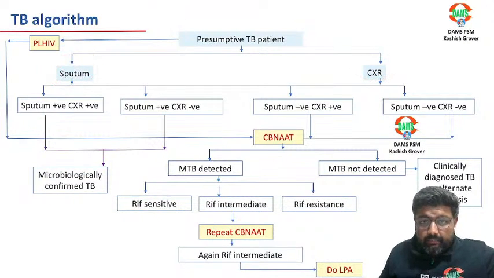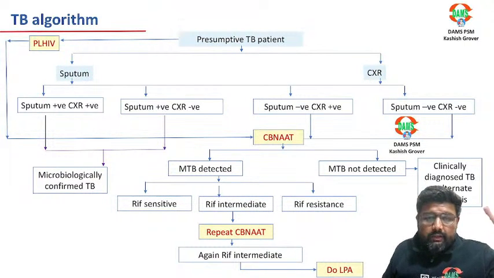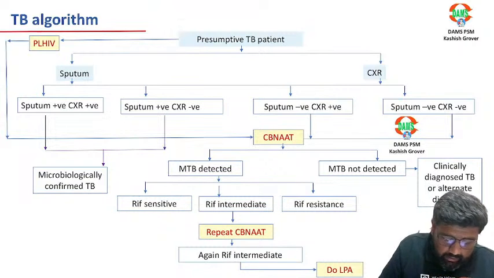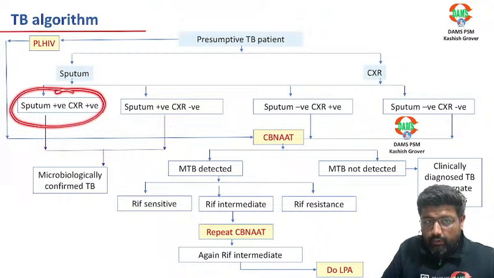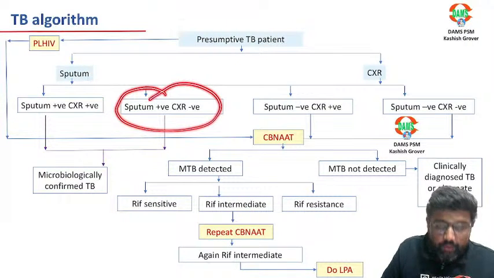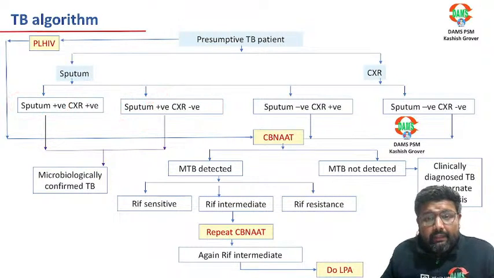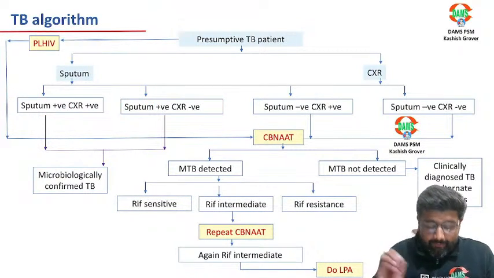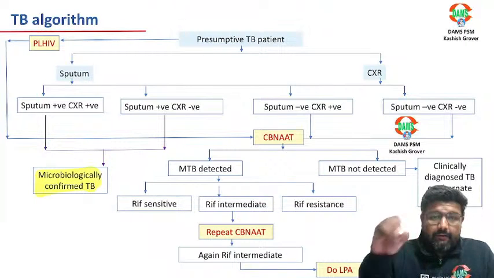Please be with me. This is very important. In the end, I will tell you the importance of this algorithm. Now there are two scenarios. Scenario number 1: sputum positive, chest X-ray positive, or sputum positive, chest X-ray negative. When sputum is positive, irrespective of chest X-ray positive or not, we label it as microbiologically confirmed TB.